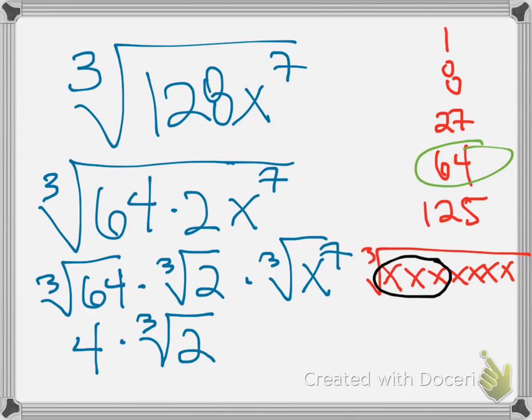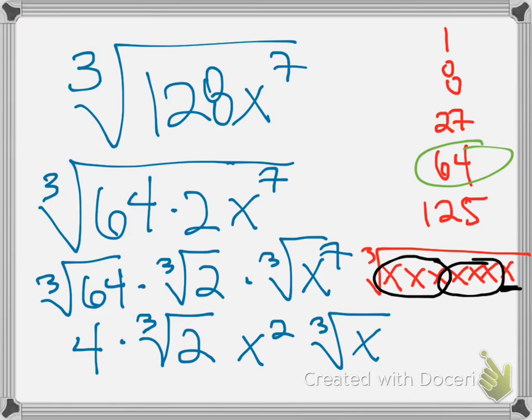So we've got one set of 3, 2 sets of 3, and then we'll have 1 x left over underneath the radical. So that means that we can pull an x squared out from underneath the radical sign, and we'll still have 1 x underneath the cube root.